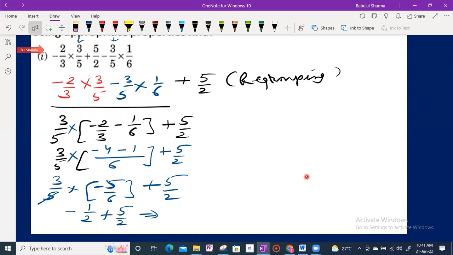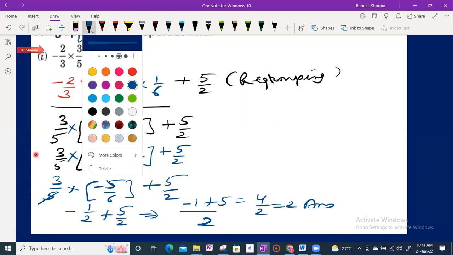Taking again, this is 3/6. This sign is minus, so -1/2, and this is 5/2. Again taking 2 LCM, so that is -1 plus 5, that is 4/2. That is 2, the answer.